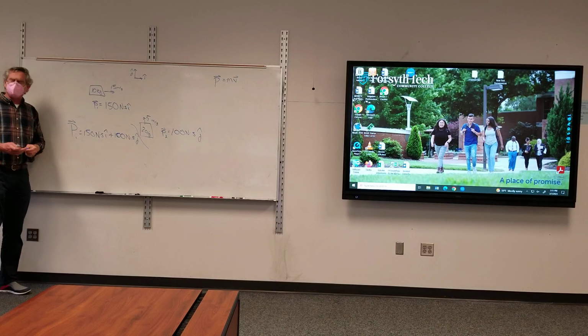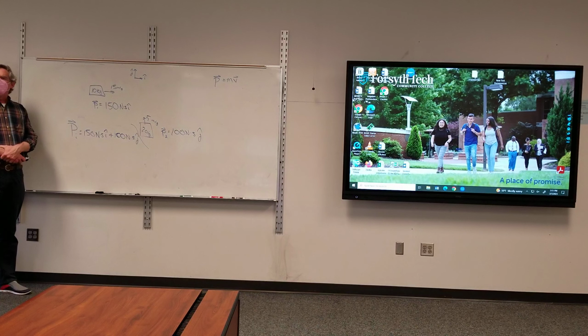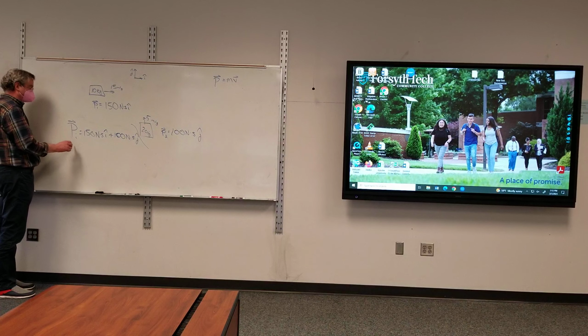What's my final momentum, by the way? We solved for initial. If I want to know the final velocity, I need to know my final momentum. Same as initial. Yes, momentum's conserved. In physics, conserved means whatever you start with, you have the same at the end. So that's also p final.